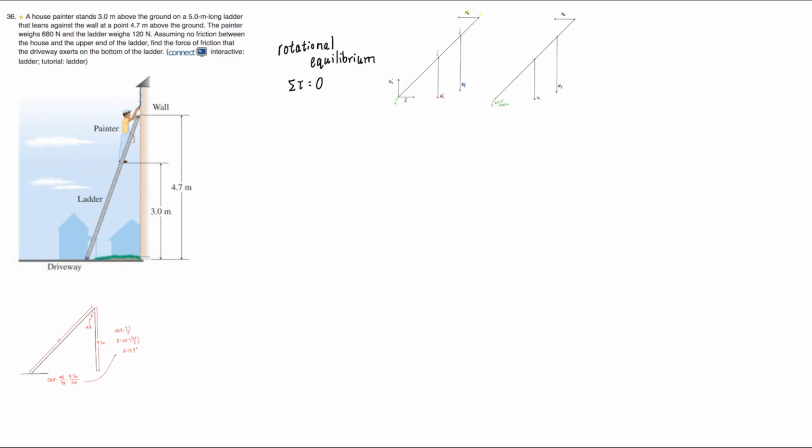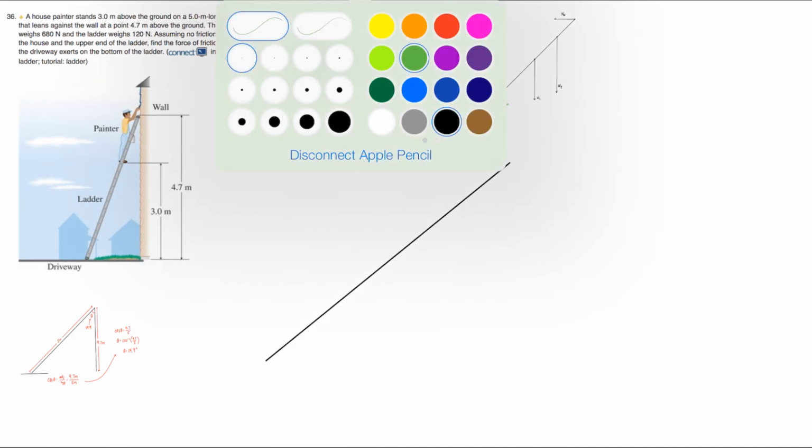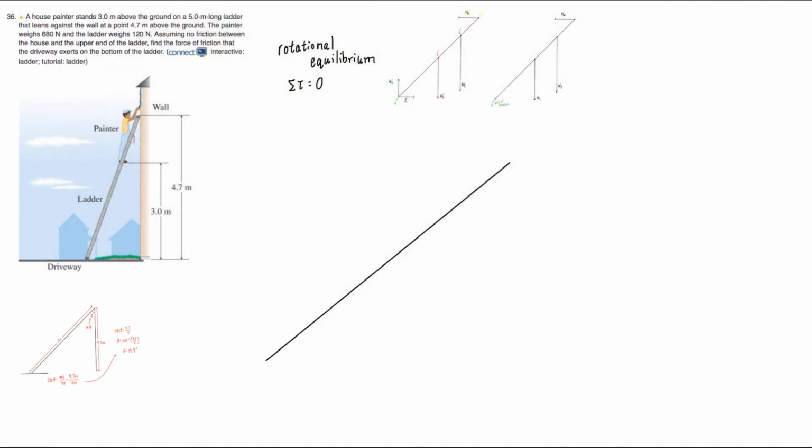So I'm going to redraw the ladder right here. And so we know our axis of rotation is the bottom of the ladder at this point. So the first torque we're going to look at is the one that's caused by the weight of the ladder.